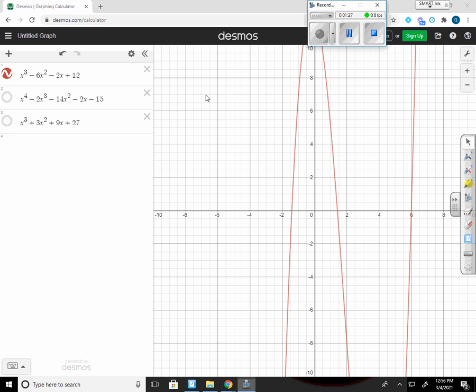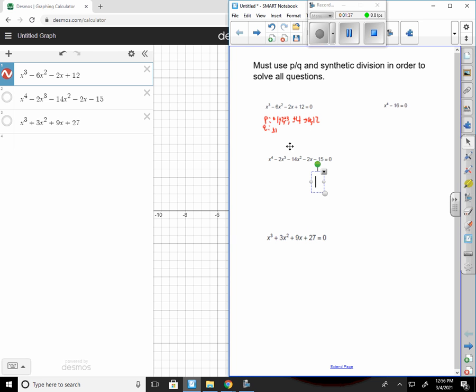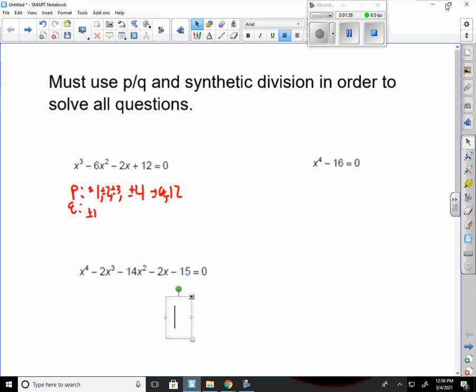And so whenever I graph this one, I find that I have zeros here, here, and it's 6. And so I start by plugging 6 in, and doing synthetic division with it.